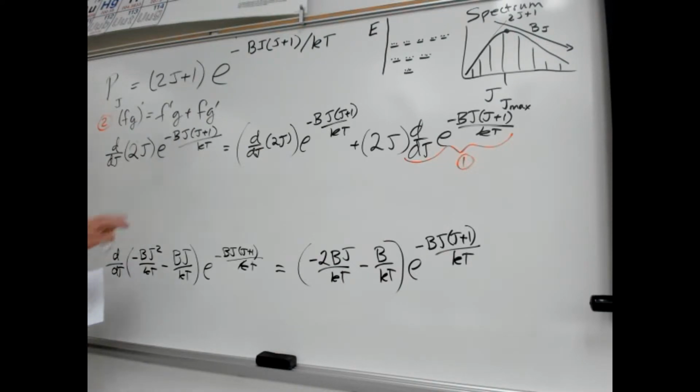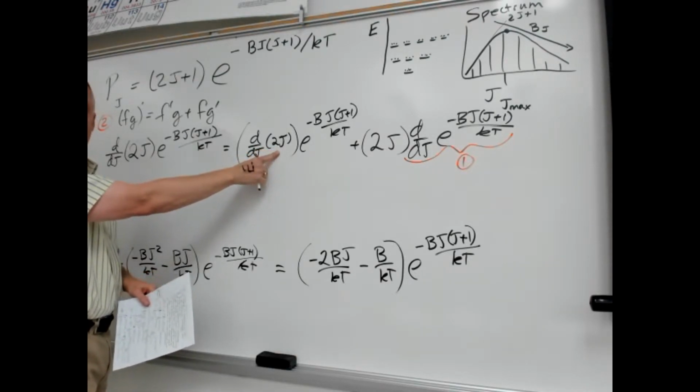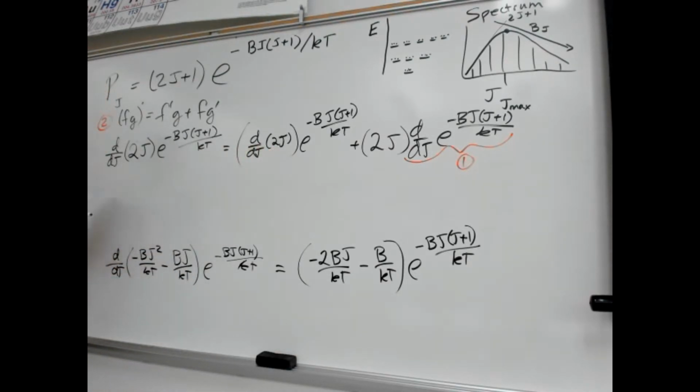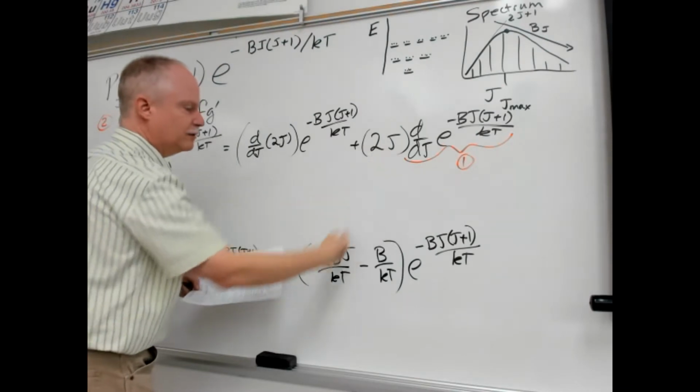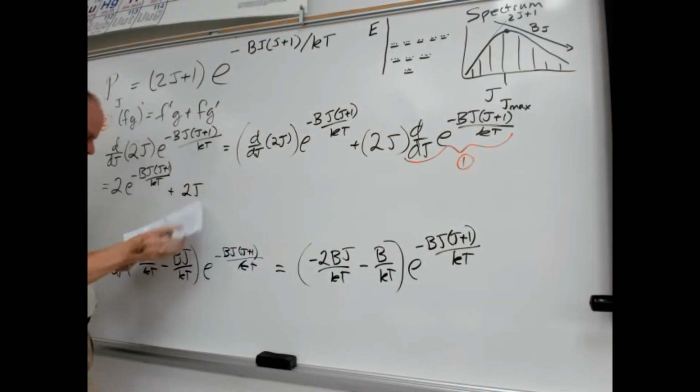Okay, so this piece right here is pretty easy. The derivative with respect to j of this 2j is just 2. So this is equal to 2 minus bj times e to the minus b times j plus 1 over kt. And then I have 2j times the result for 1, plus 2j.